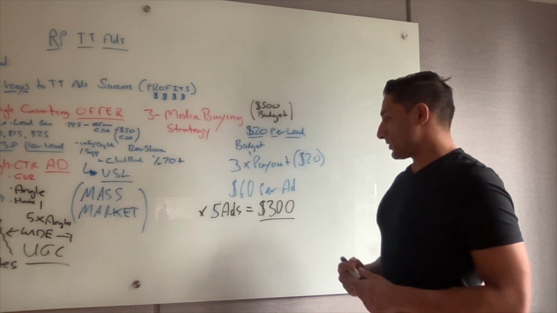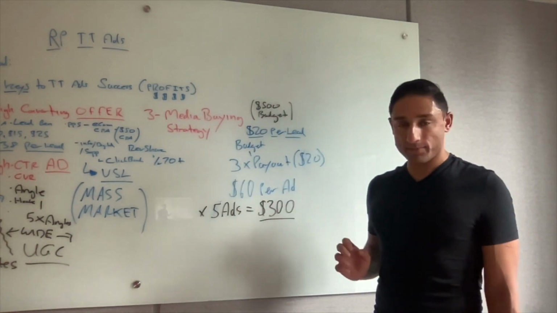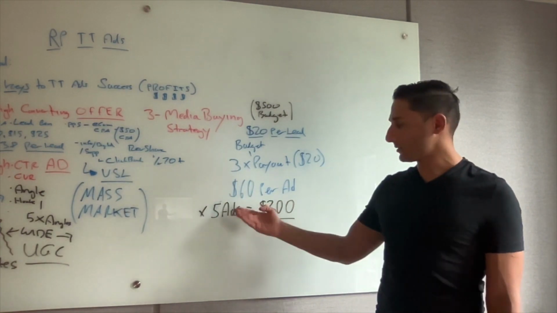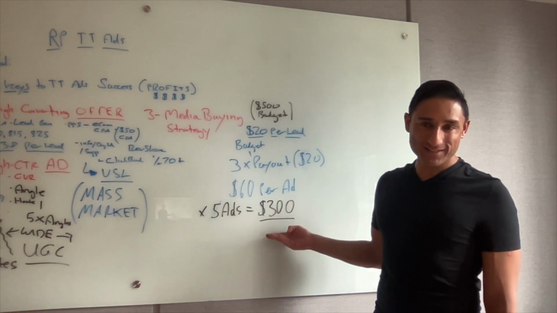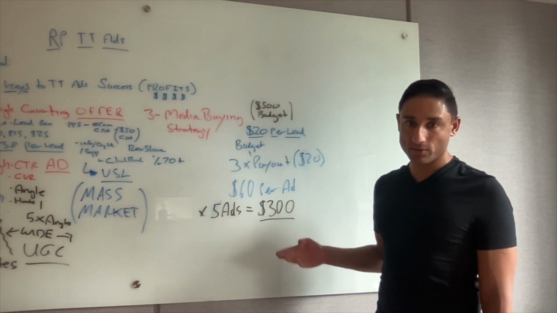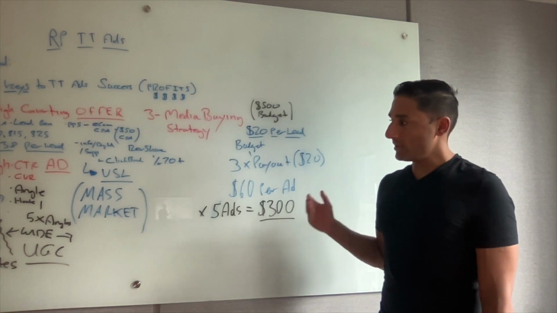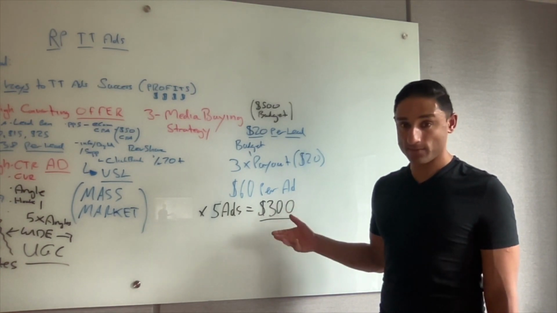So for the first 5 ads, we've now determined, because we're getting $20 per lead, and we're willing to spend 3 times the payout on each ad, times 5 ads, 5 wide angles, we need at least a $300 budget to get something called statistically significant data. We need to run a test, okay?